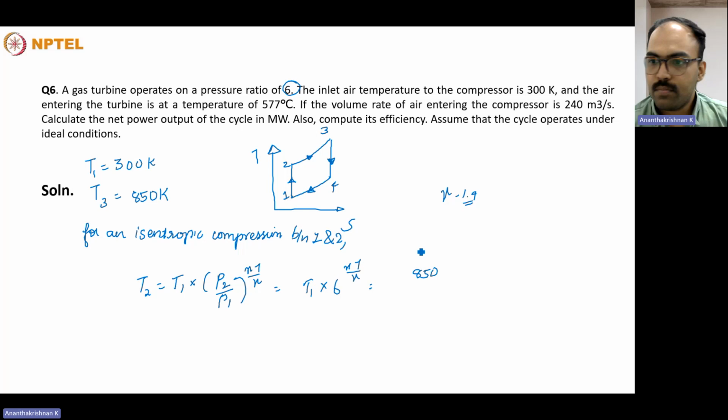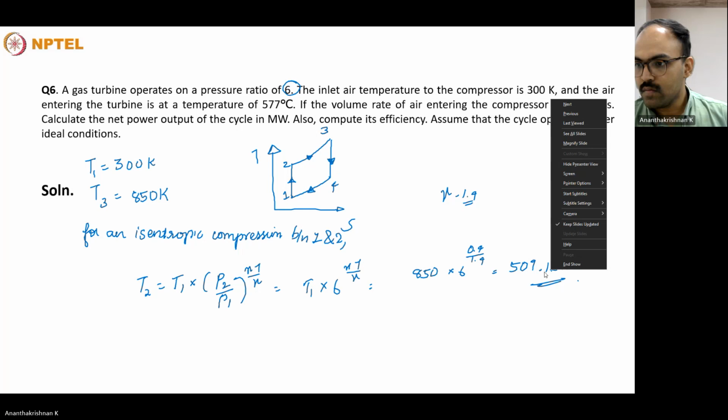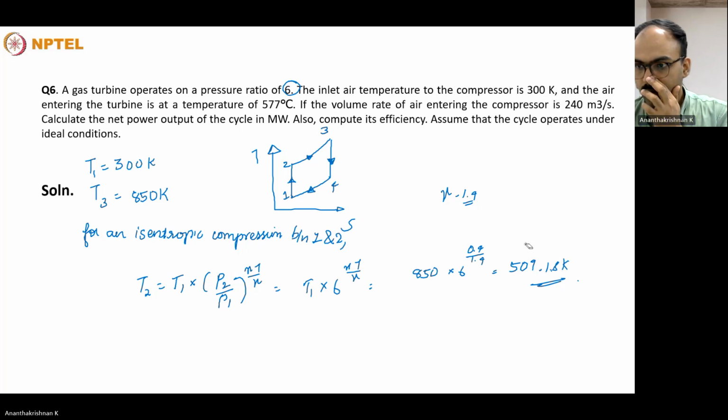So it will be 6 raised to 0.4 divided by 1.4. It will be 509.18 Kelvin.